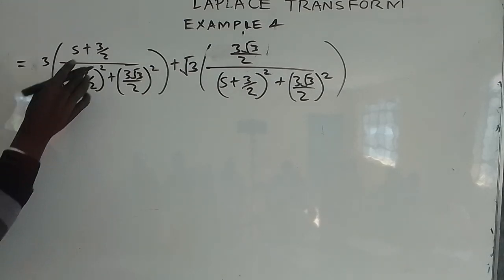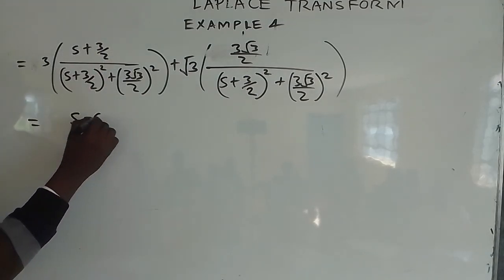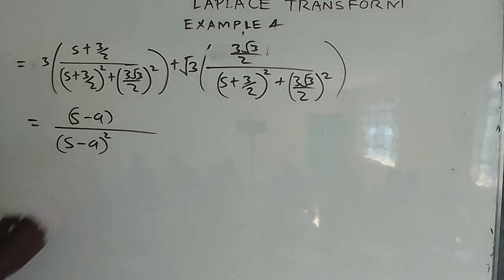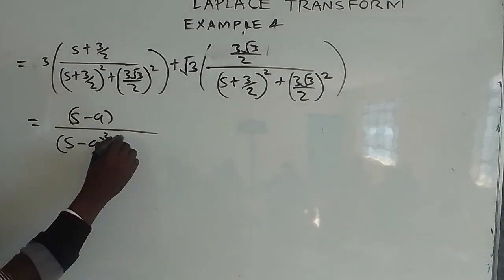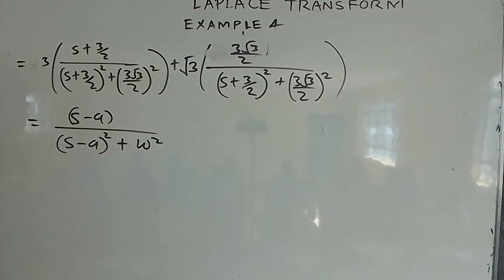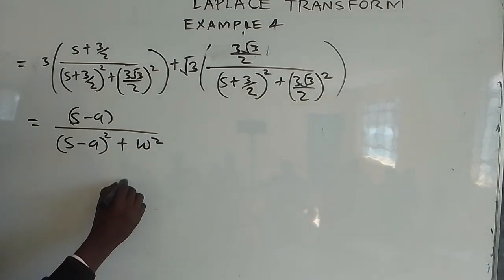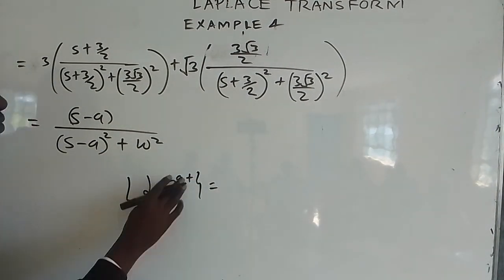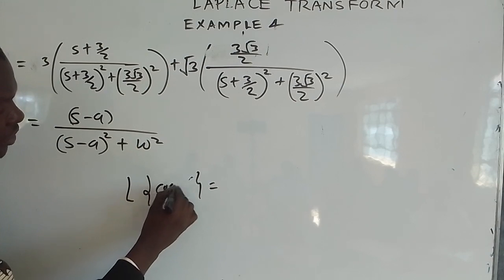You know very well that the first one here is supposed to be s minus a over s minus a squared plus w squared, isn't it? Remember, when you were looking for the Laplace transform of exponential at times cos at, this is where we started.